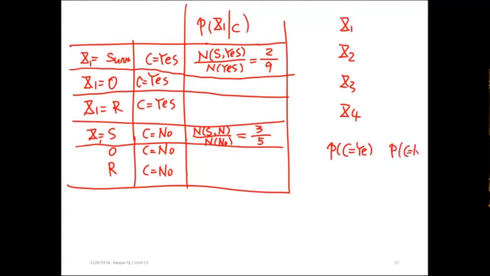P(C = no), what is it? I think we already had it. It's 9 over 14 and 5 over 14. And this is your naive Bayes classifier model. And this is exactly what you're going to implement in the homework.